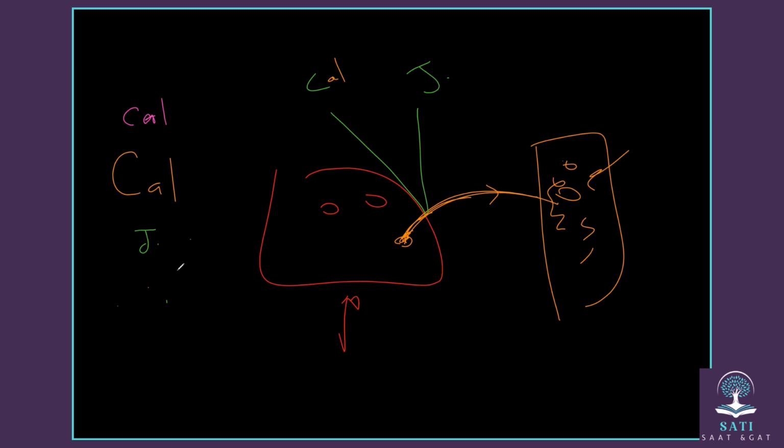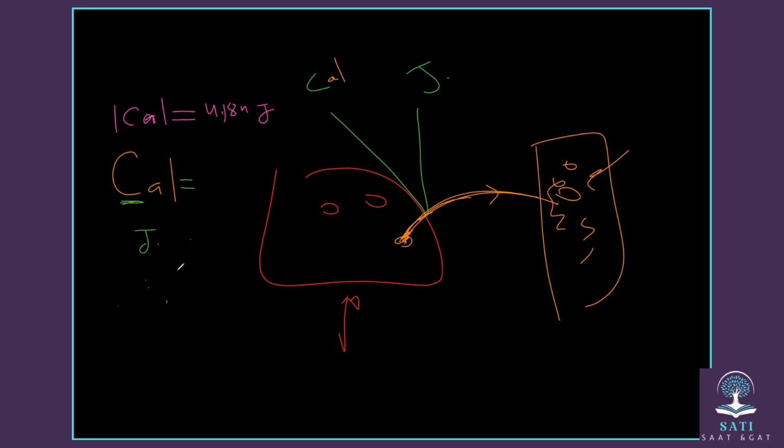To understand the difference here, you need to remember that 1 calorie, one small calorie, equals 4.18 joule. So that means one small calorie is about 4.18 joule. Good. What about this big calorie when it has capital C?